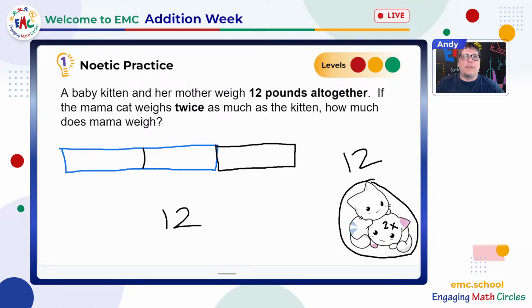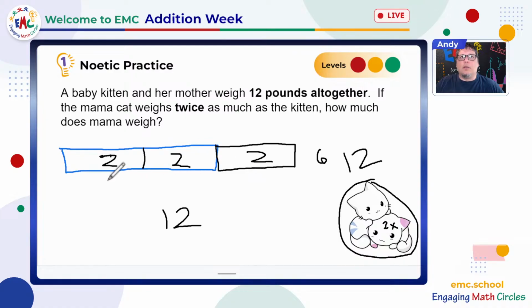So this would be something you might see in Circle 2 or 3. So I need 3 equal chunks. If I'm new to this type of problem, I can try numbers out. What if the chunks were 2 each? And I add them up. 2 plus 2 plus 2 is 6.